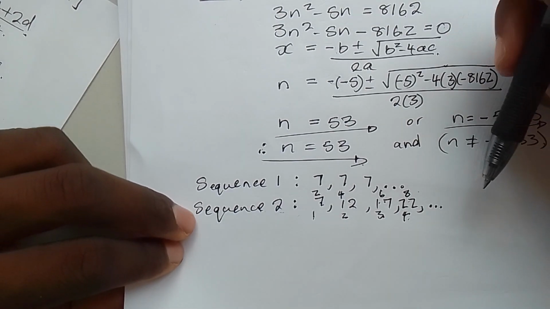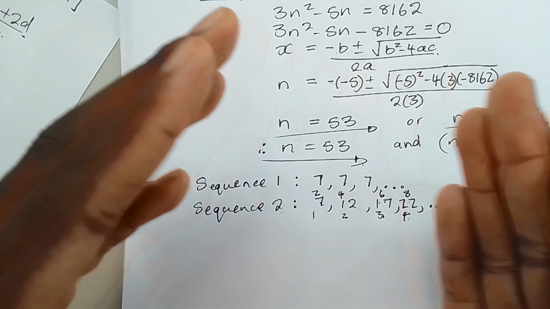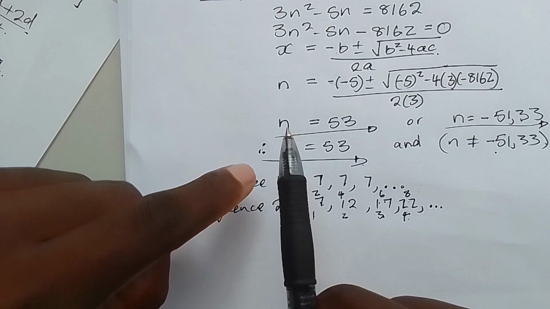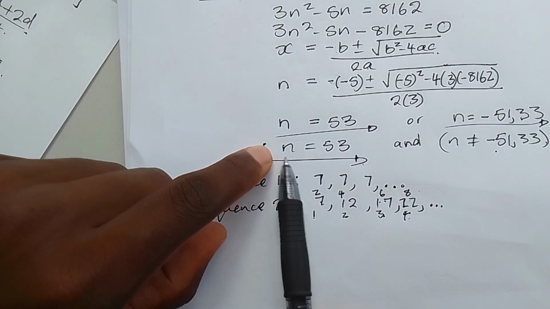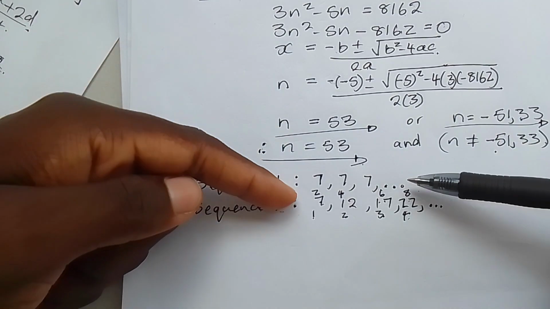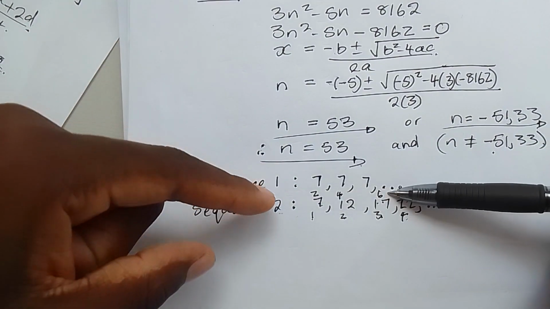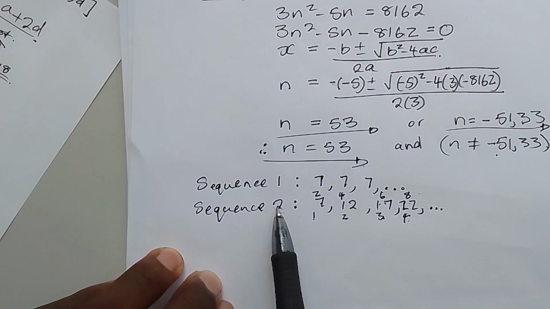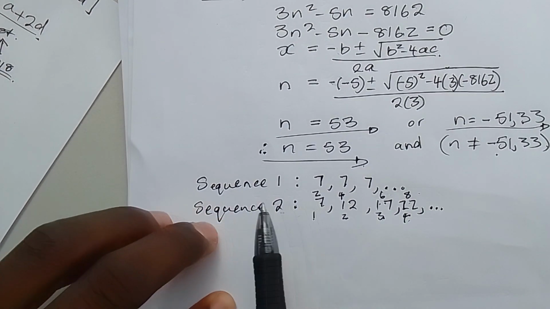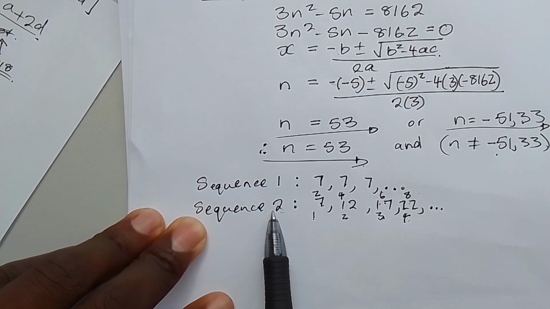What does that mean? On the full sequence, whatever n you have, you divide it by 2 to get which term number it is on this sequence.